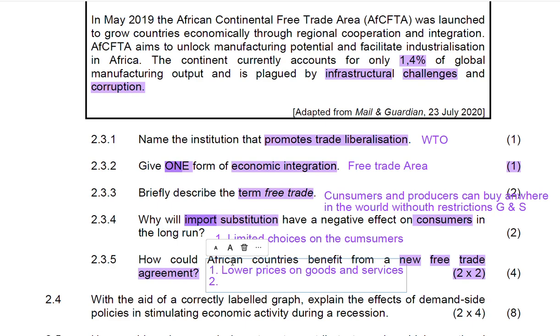So there will be specialization based on competitive advantage. Congo will produce what they're good at and share it with other African countries. Therefore, the production cost will be reduced in that way.